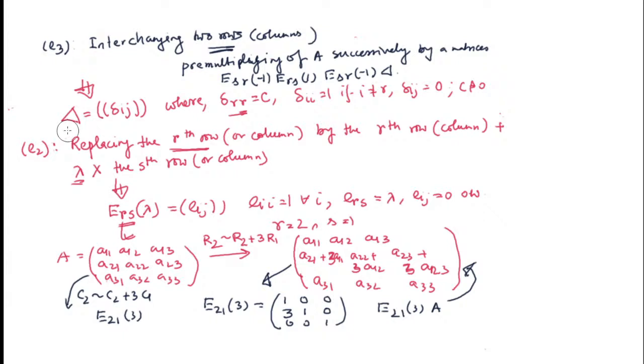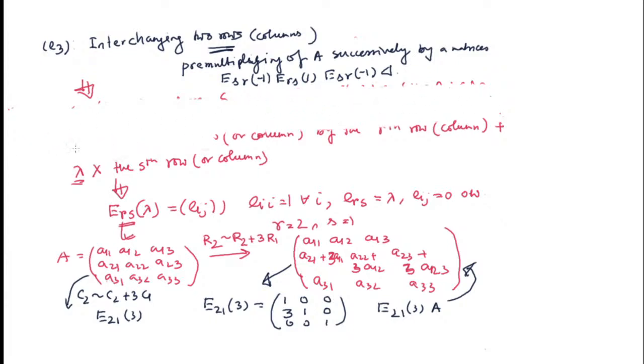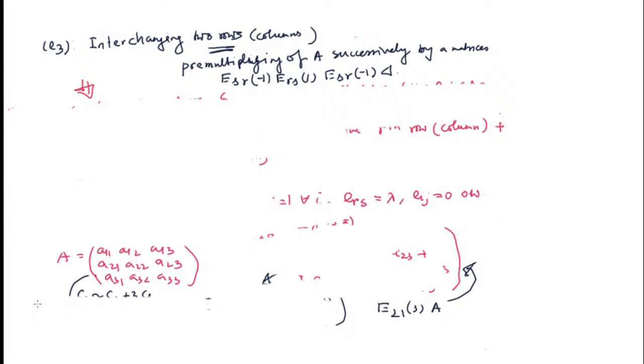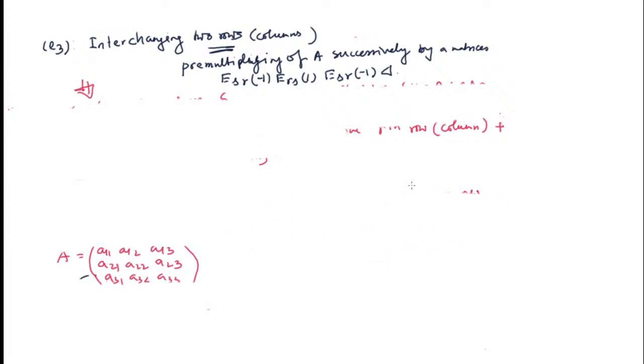For example, if you consider 3 cross 3 matrix A whose elements are this, and suppose you interchange first row and second row of the matrix, in that case you get this.